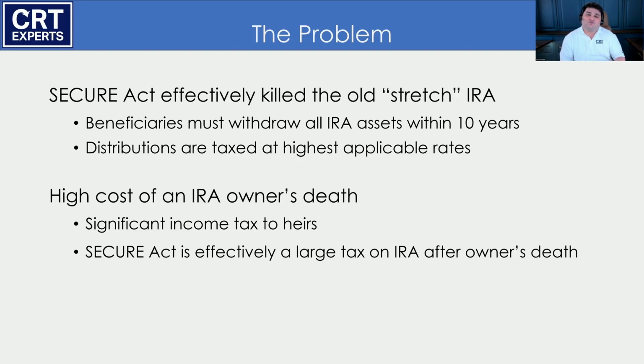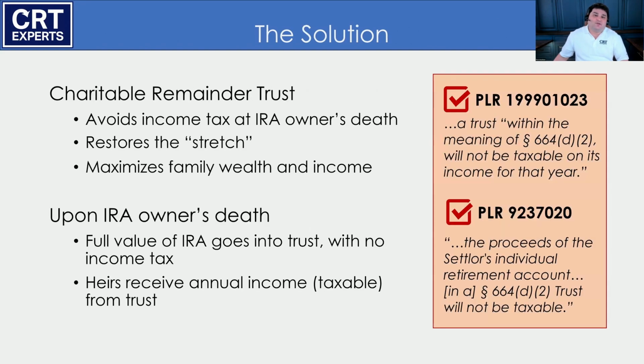But however you want to describe it, for many clients, particularly those who had planned on their IRAs distributing over the lifetimes of their children, this creates a problem. Fortunately, though, with a charitable remainder trust, we really have a pretty natural solution. So when we think about what drives the value of an IRA, at the core of it is tax efficiency.